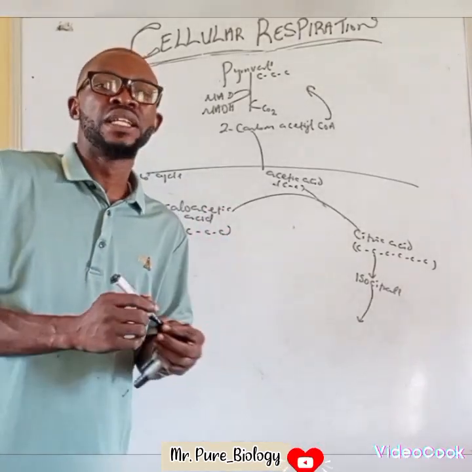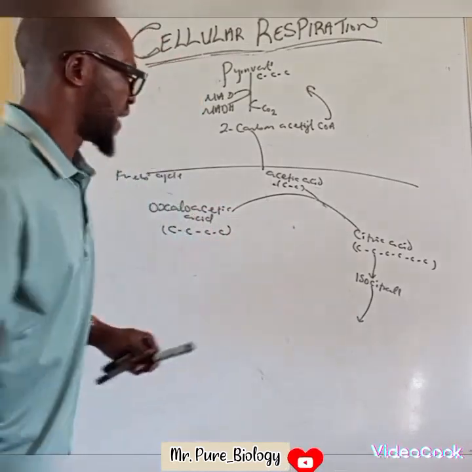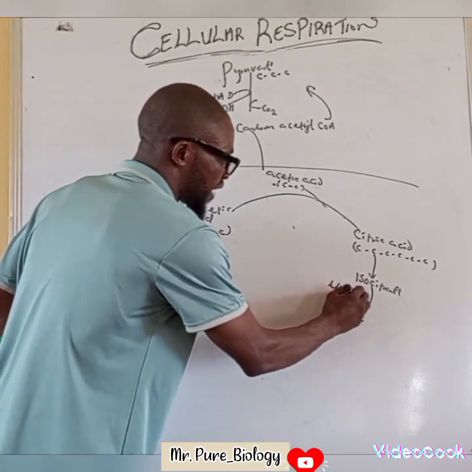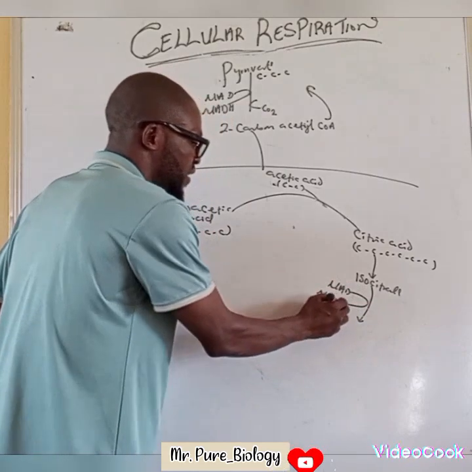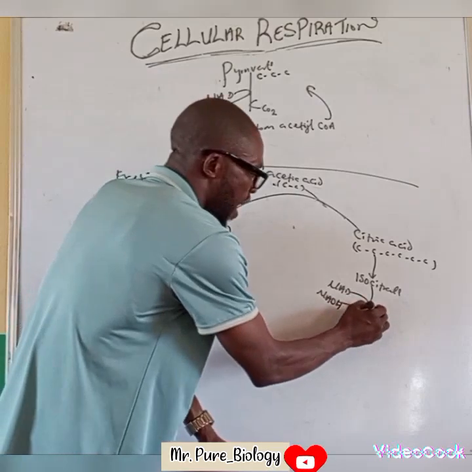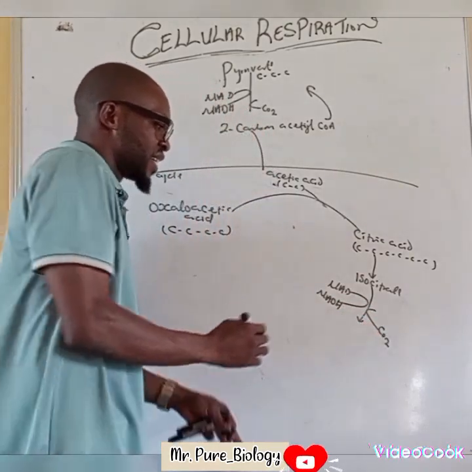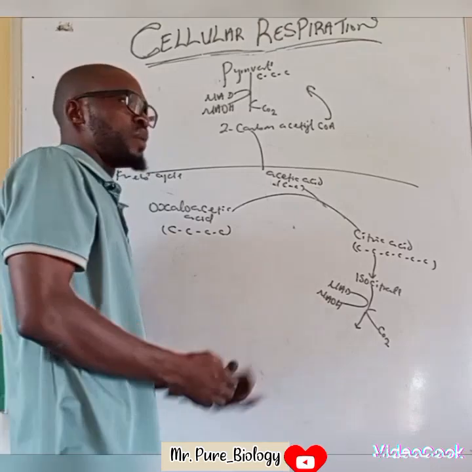At the same time, there will be removal of carbon in the form of carbon dioxide. So here we have our NAD that always serves as hydrogen acceptor, and this will reduce to NADH. Then we also have the removal of CO2, a molecule of carbon. Now after removal of these two, what are we going to have?